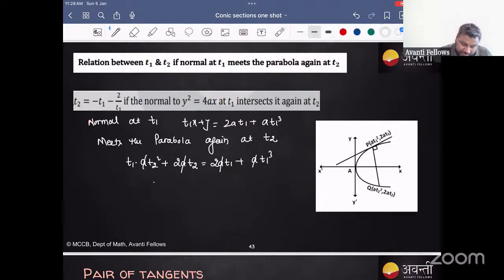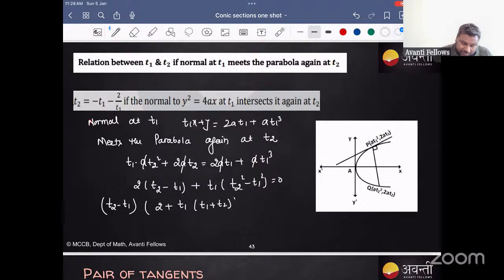Now let's do one thing. Take 2 common, I get t2 minus t1, plus taking t1 common, I get t2 square minus t1 square, equals 0. Now take t2 minus t1 common. So 2 plus t1 into (t1 plus t2) equals 0.